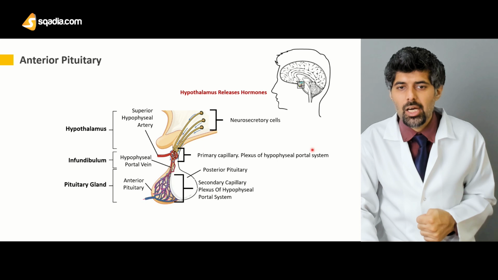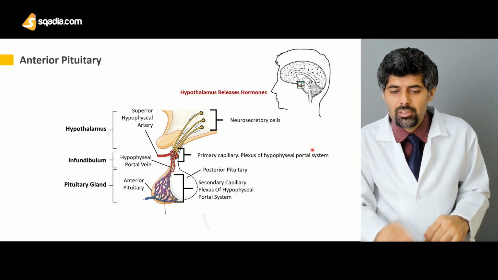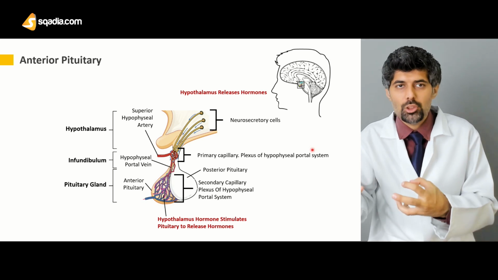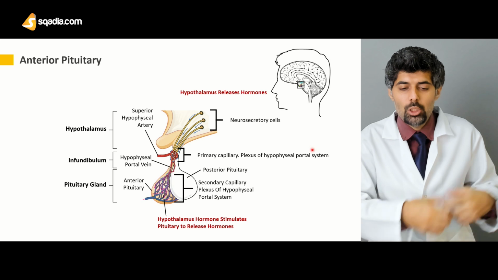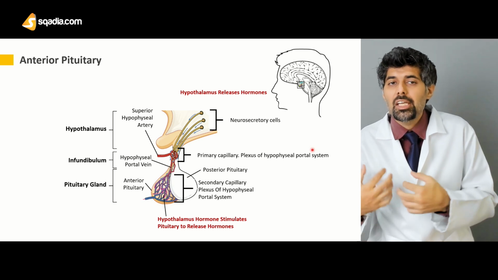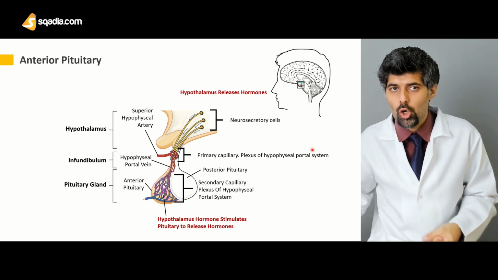So because of the hypothalamus releasing such inhibitory or releasing factors, the anterior pituitary gets stimulated to produce those hormones or gets inhibited to decrease the production of those hormones.